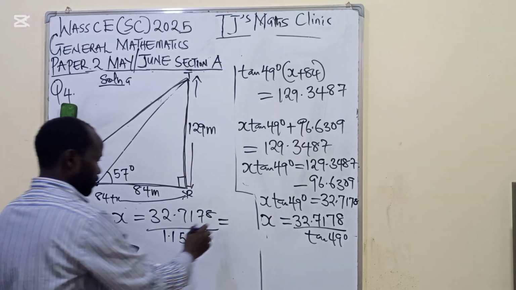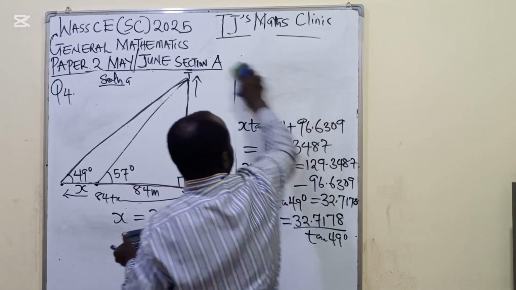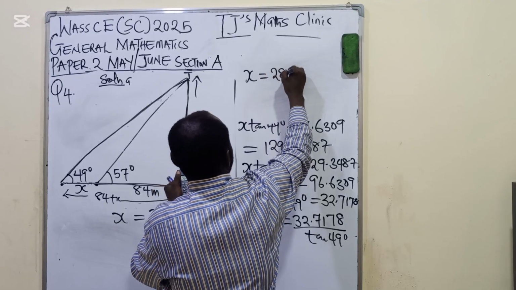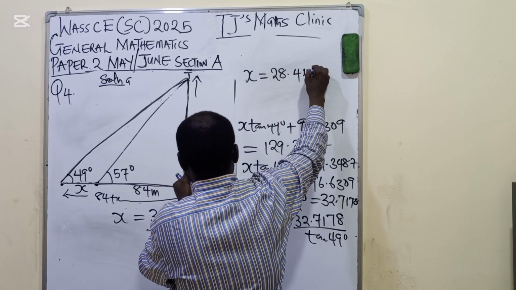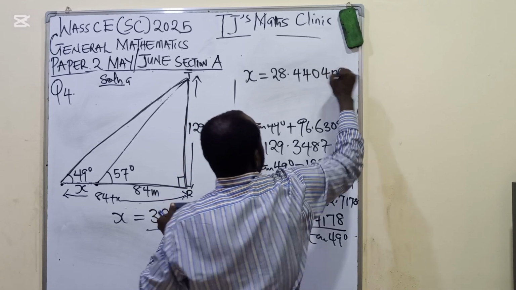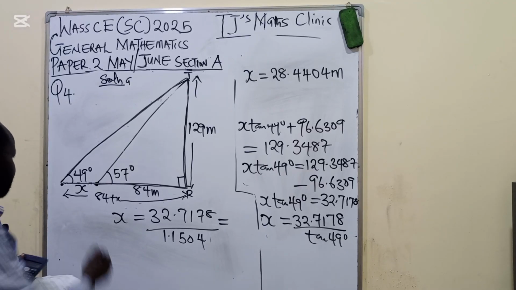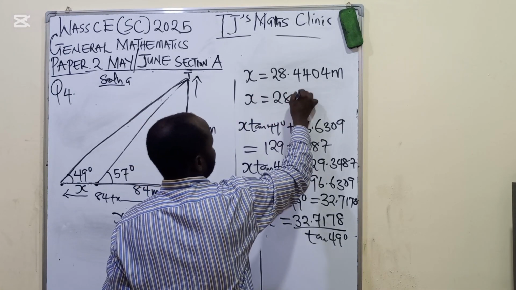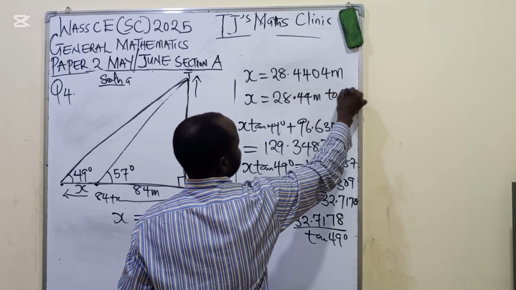What do we have? We have finally the value of x now will be 28.4404 meters. But we are asked to leave our answer to 2 decimal places. So the value of x now will be 28.44 meters to 2 decimal places.